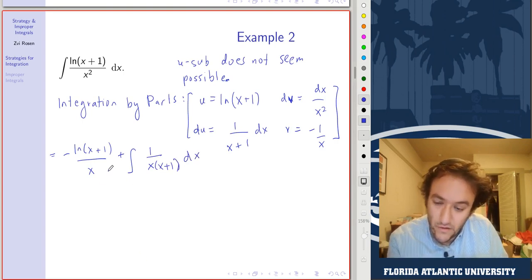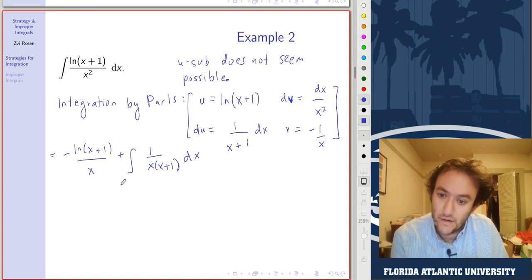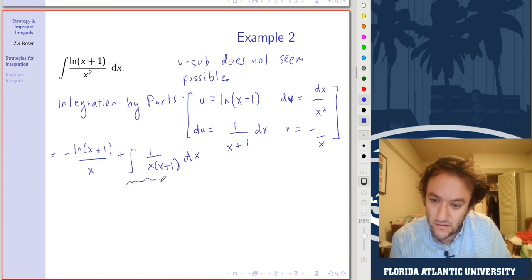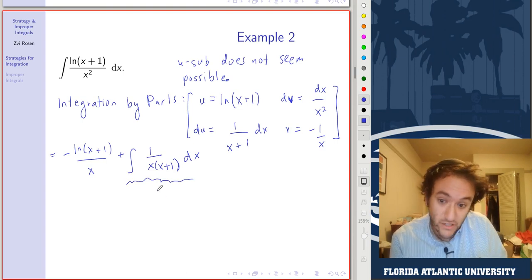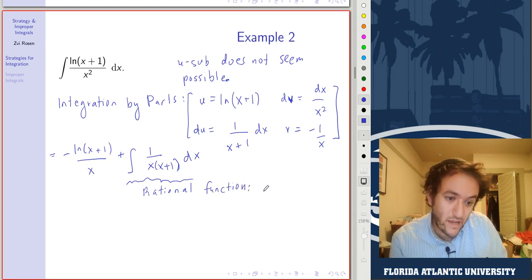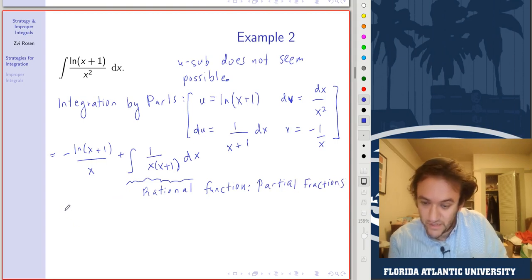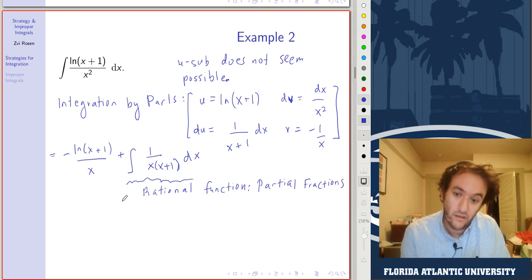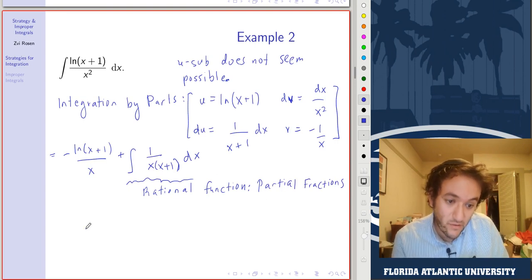Okay. So this is already much nicer. This is a rational function. Okay. So we're going to try partial fractions. So the first thing we do with partial fractions, we check that the degree of the top is smaller than the degree of the bottom, which is true.